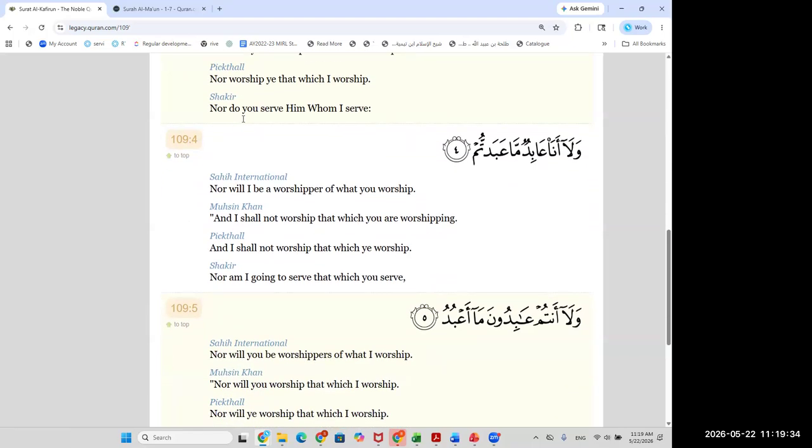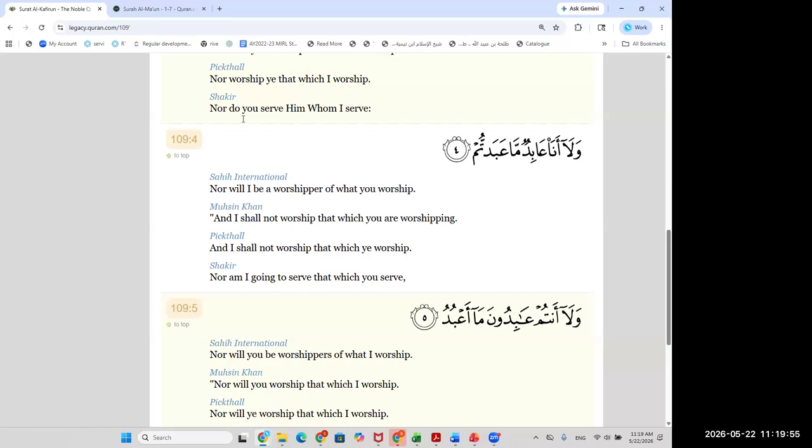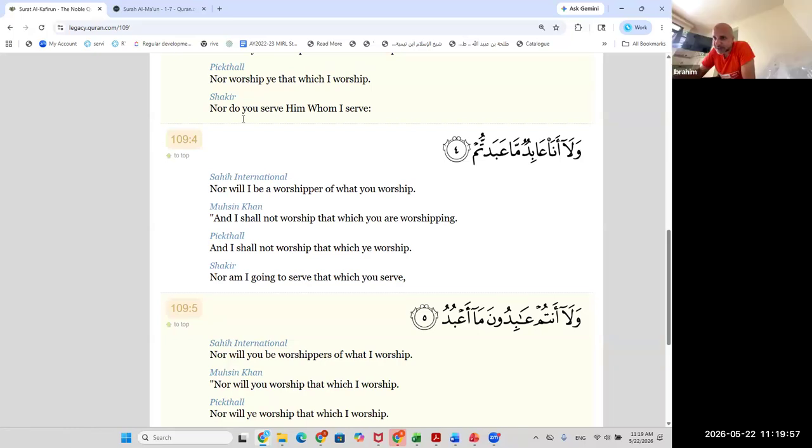Okay, so verse 4, I think, has a parallel i'rab to verse 3. It starts with a wow, which is harf ataf, then لا, harf nafy.